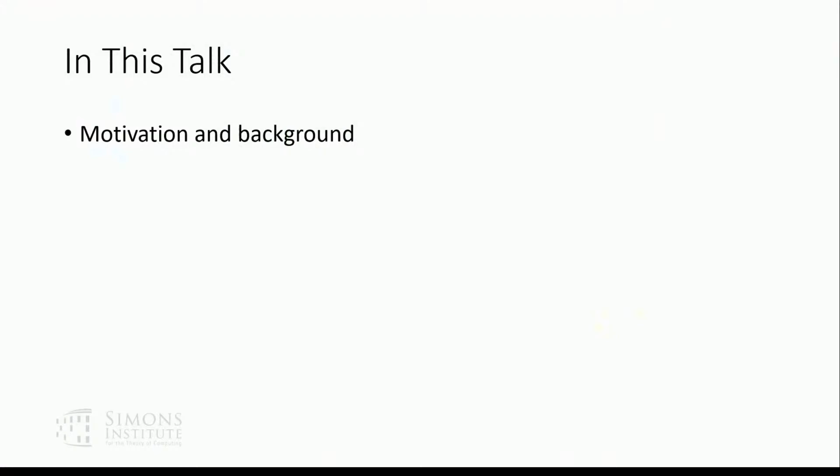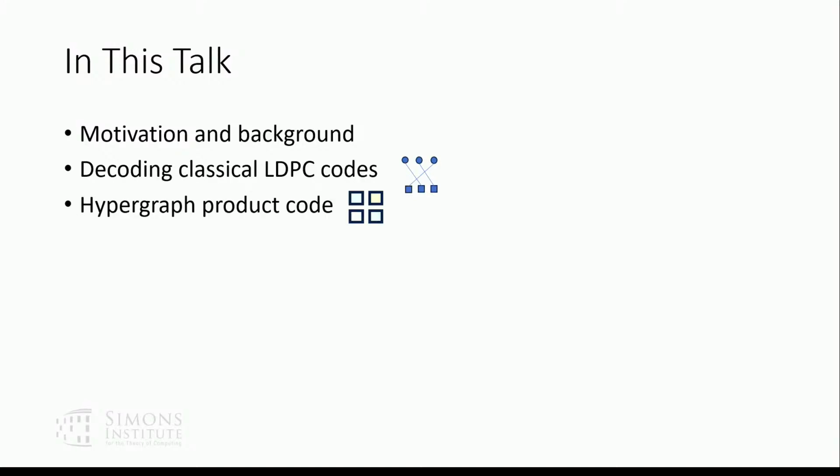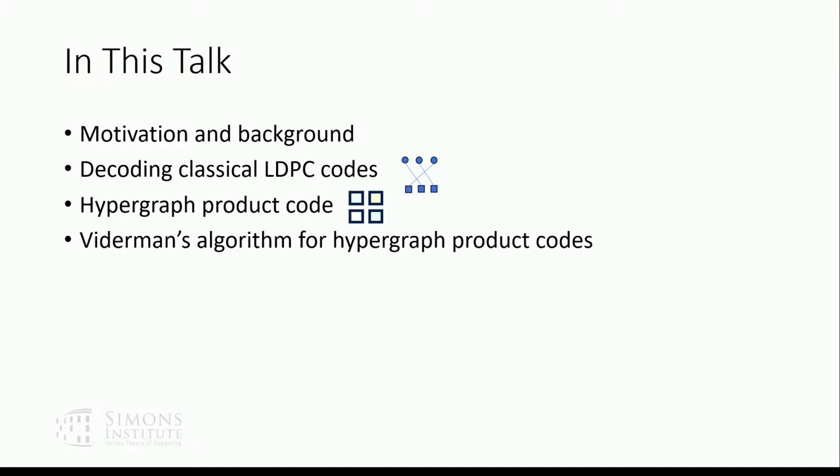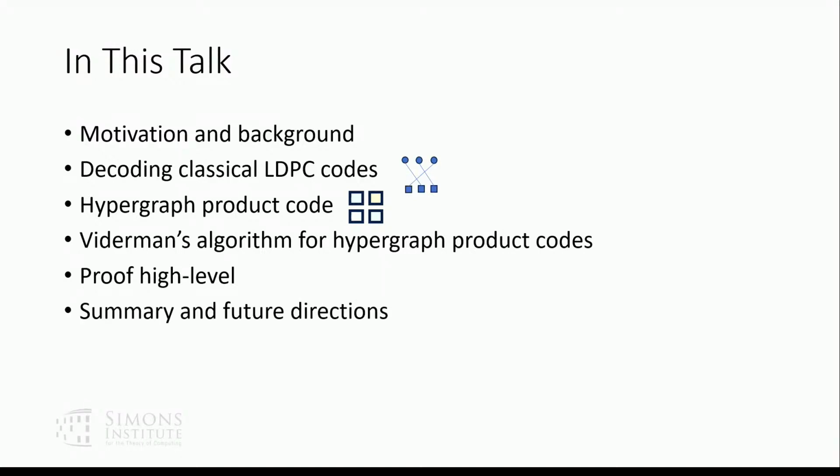So I'm going to start with what's going to be in the talk. I'm going to start with some background, and then I'm going to talk about decoding the classical LDPC code, and I'm going to talk about the hypergraph product code and show our algorithm, give some high level overview of the proof of the algorithm, and finish with some summary and open questions.